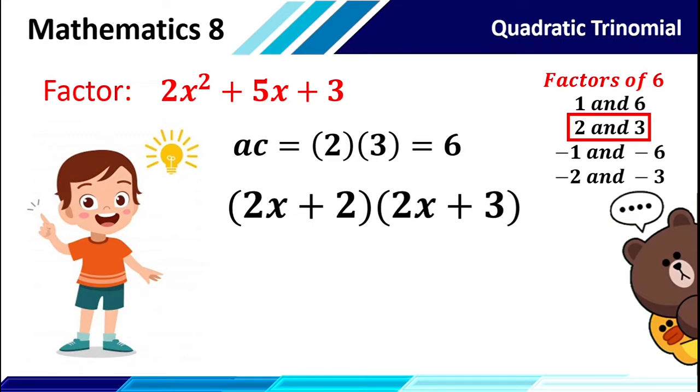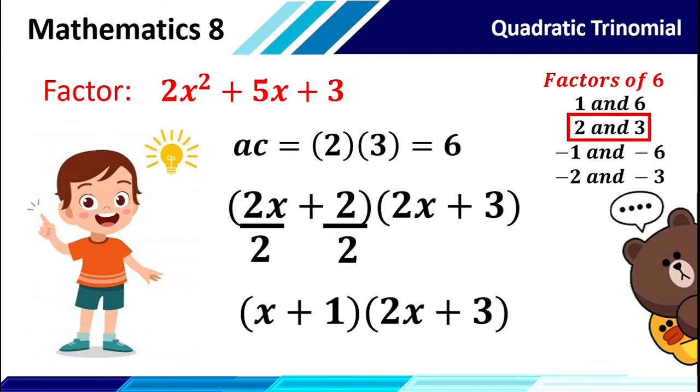Next, after we write this as the product of two binomials, let's take a look whether there is a GCF in each binomial. We see that 2x plus 2 has a GCF of 2. Therefore, we need to divide the first and the second terms by 2. When we simplify this, we will come up with the answer of x plus 1 times 2x plus 3.